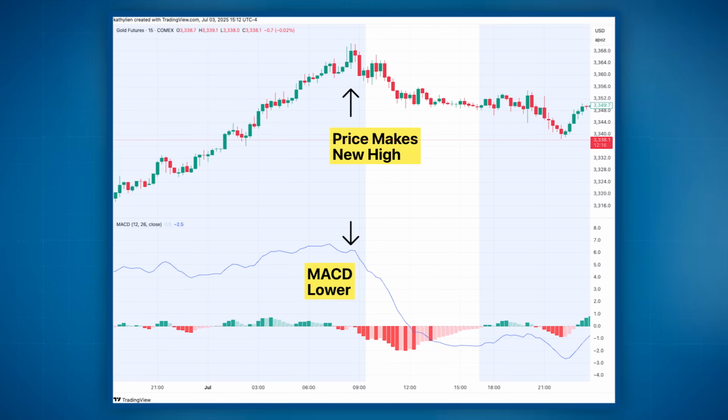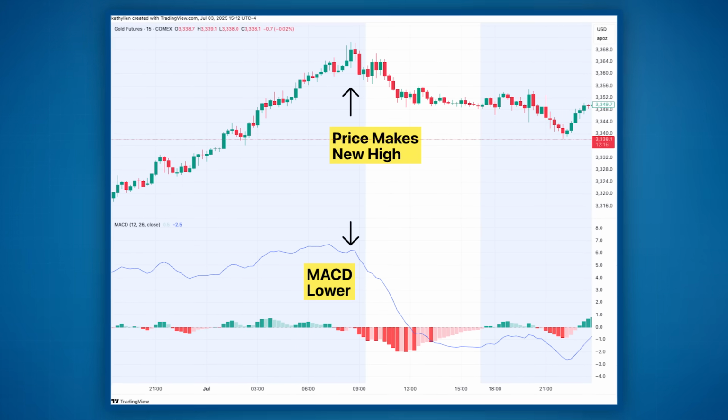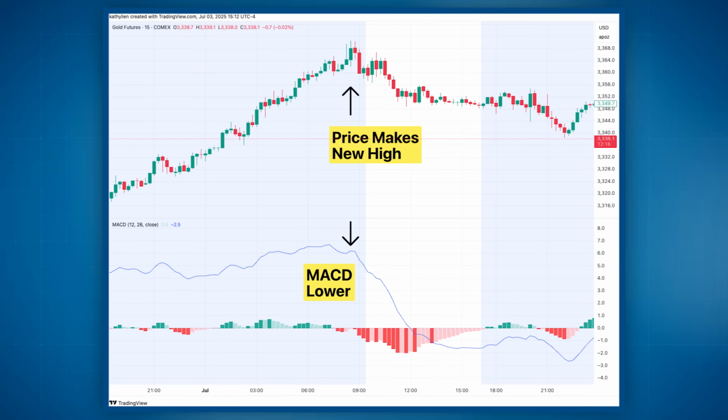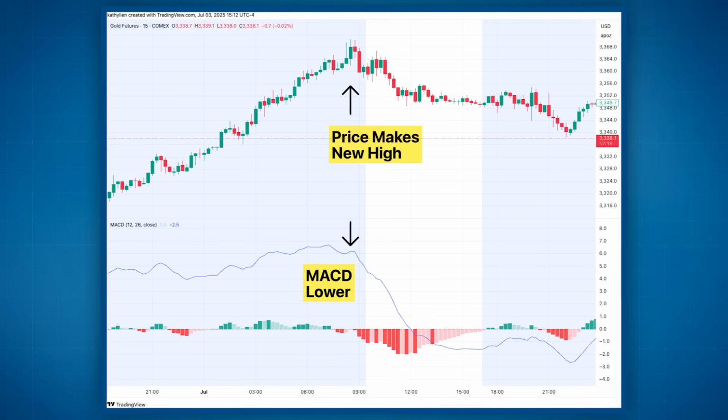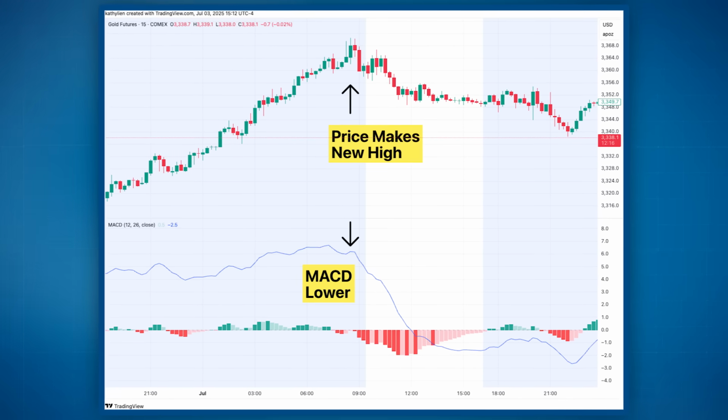The third way to use MACD is divergence. In a bullish divergence, what you want to see is price makes a new low and MACD makes a higher low. This is a sign that downside momentum could be fading and there's a possibility of an upside reversal. In a bearish divergence, price makes a new high, but MACD makes a lower high, indicating that upside momentum is weakening, so look for a possible reversal lower.